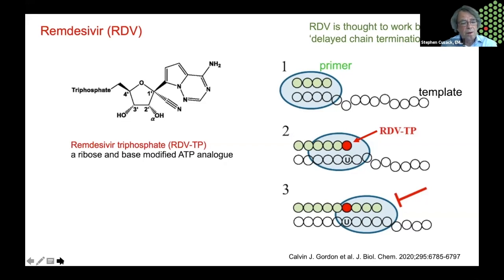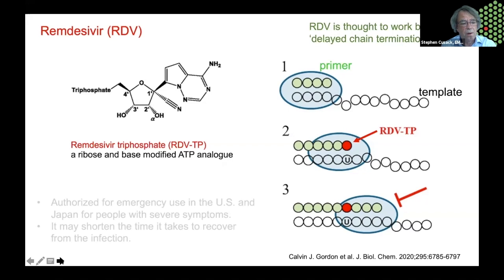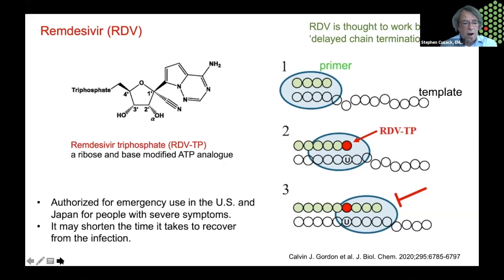Anyway, this, as I'm sure many of you are aware, has been in clinical trials. There were some positive results from a clinical trial in the USA recently showing it shortened the time it takes to recover from COVID-19 by a few days, and hence it has been authorized for emergency use in the US and Japan. One of the issues with this is there are side effects. It's a bit toxic.